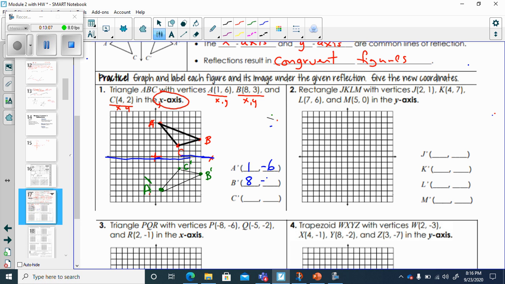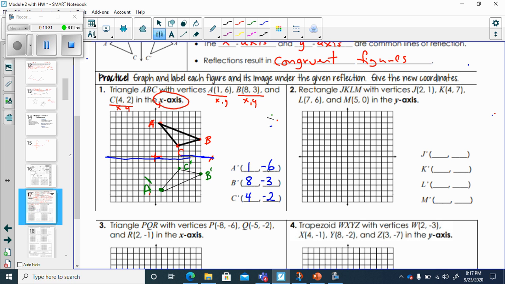+8, -3. And let's get the coordinates for C prime from our origin. On the x-axis, 1, 2, 3, 4. On the y-axis, -1, -2. So 4, -2. Notice, guys, if we're flipping it over the x-axis, what has changed?